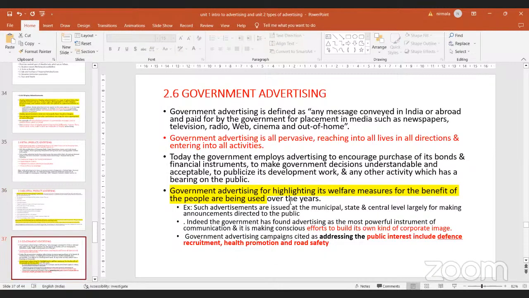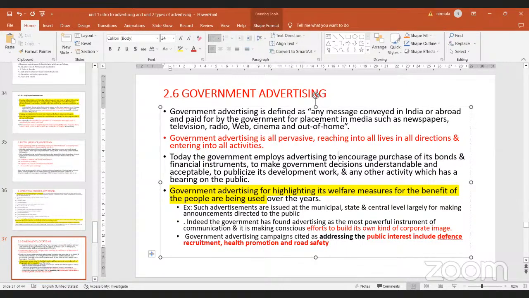And when it comes to government advertising, it is generally done by the governments to reach out to the promising voters or the general public in the society, to create a kind of positive image regarding the government among the members of the society.